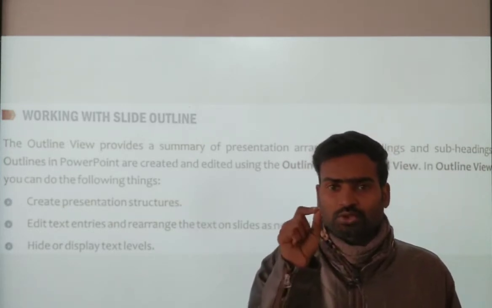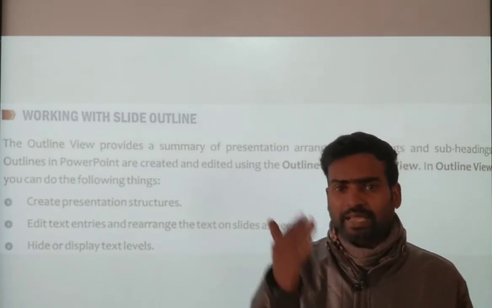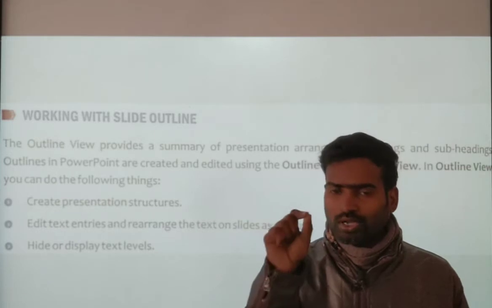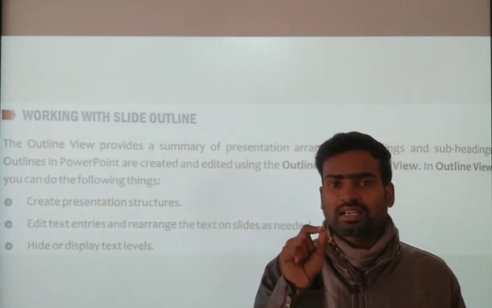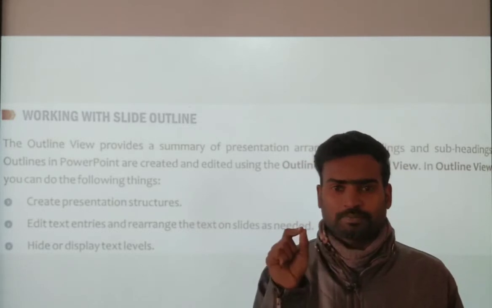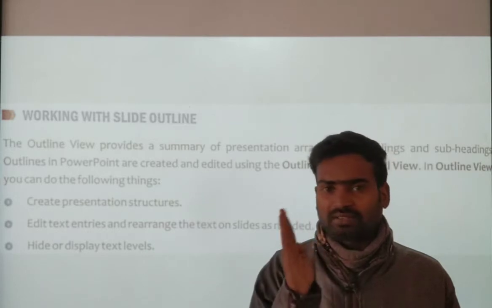It will show the topic, headings and subheadings. Everything will be shown as text, only if it is text. If it is an image file, it won't appear. Only the text part will appear.